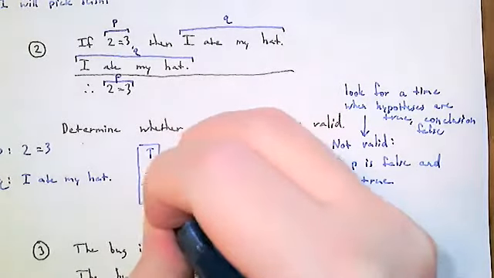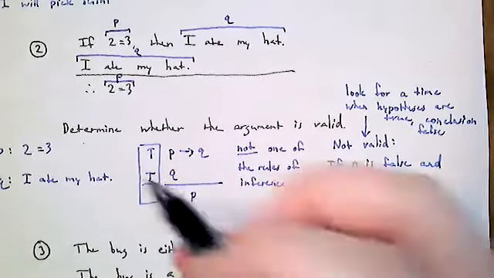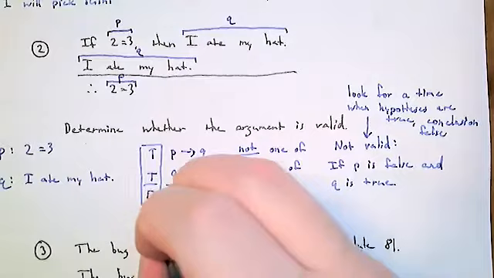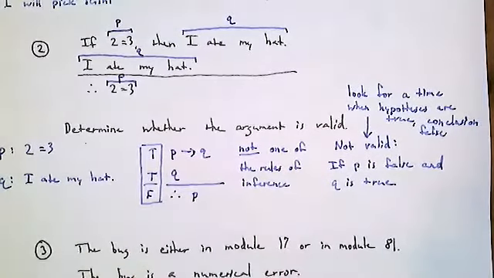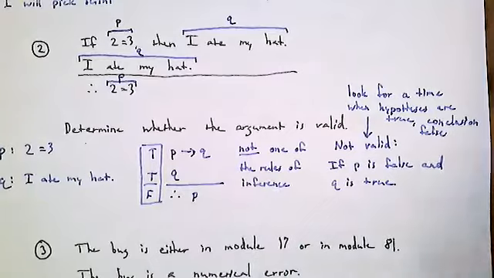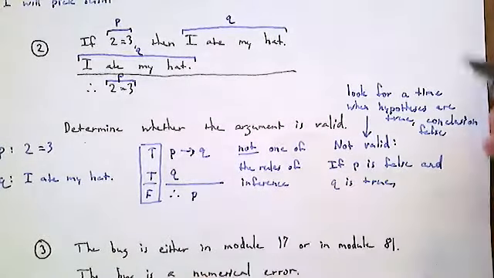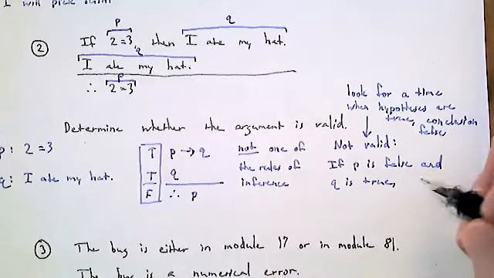So this hypothesis is also true. But P is false. The conclusion. So I've come up with an example where the conclusion is false, but the two hypotheses are true.